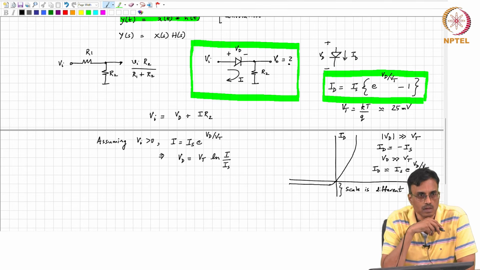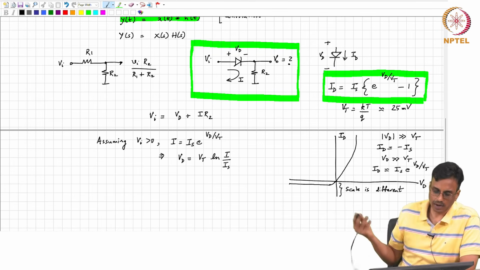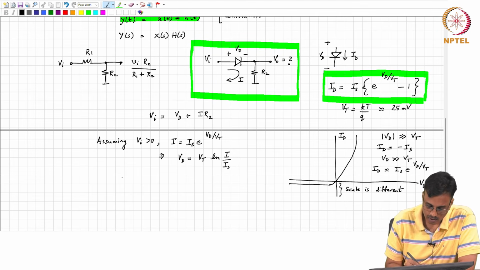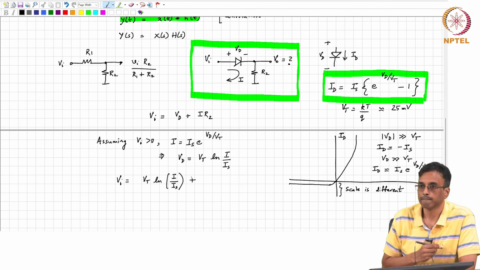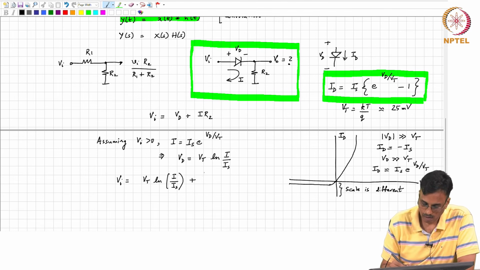So, this is Vt ln I over Is. That makes sense, people? Okay. So, now you just plug this into our Kirchhoff's voltage law equation here. So, Vi is nothing but Vt ln I over Is plus I times R2.